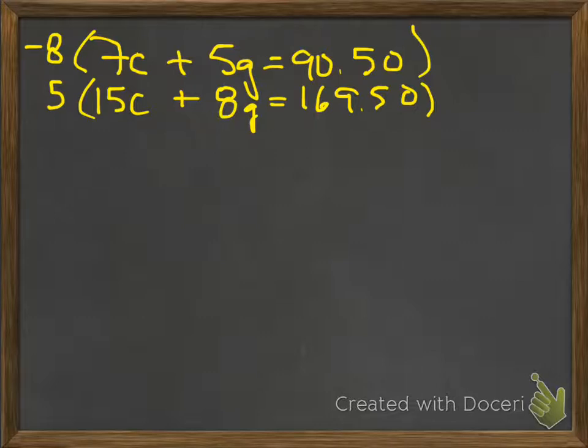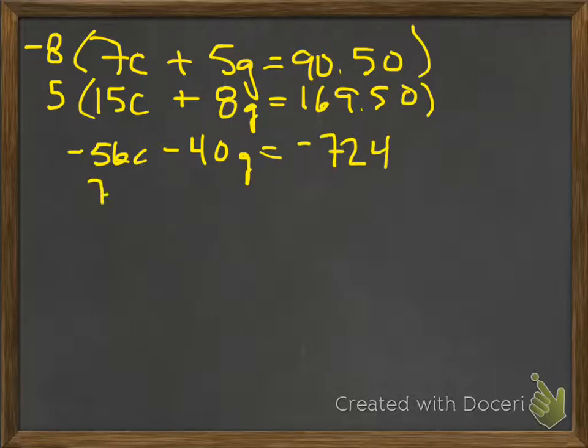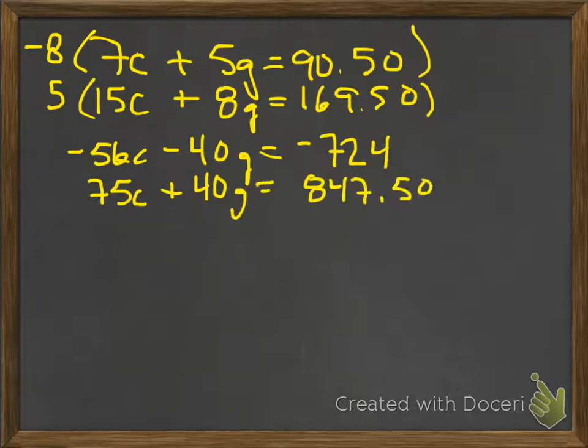Then I multiplied throughout. Negative 8 times 7 is negative 56, negative 8 times 9 is negative 72, negative 8 times 90.50 is negative 724. 5 times 15, 5 times 8, and 5 times 169.50 gives me those three answers. Then combine. Every time that happens, the variable you switched should be gone. So the g's are gone.